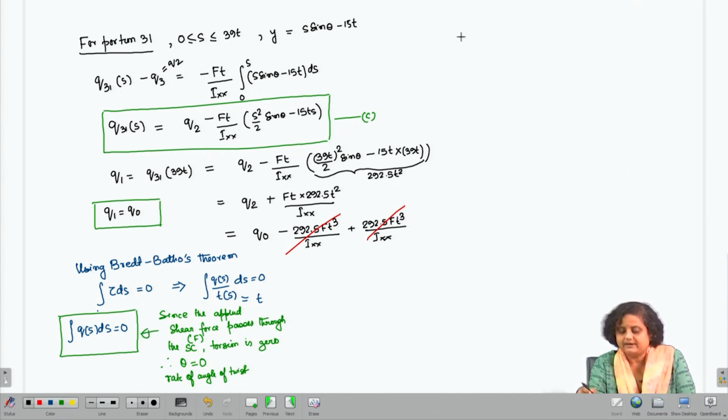Now, let us try to find out what the integral of Qs ds is for this particular problem.